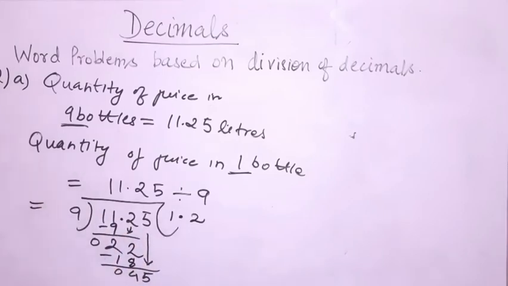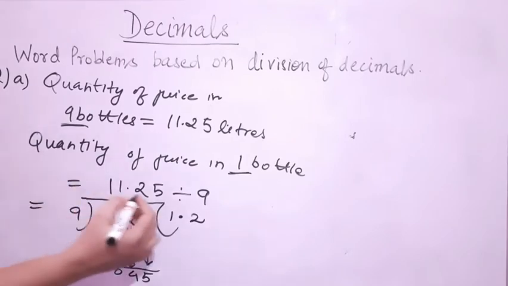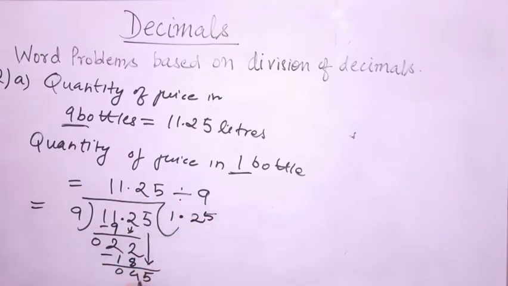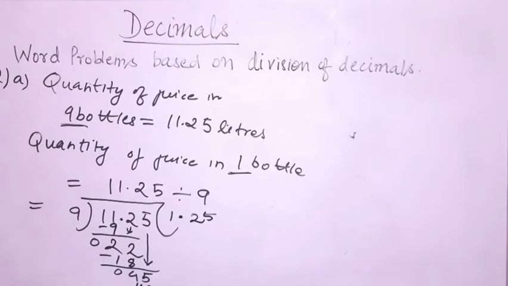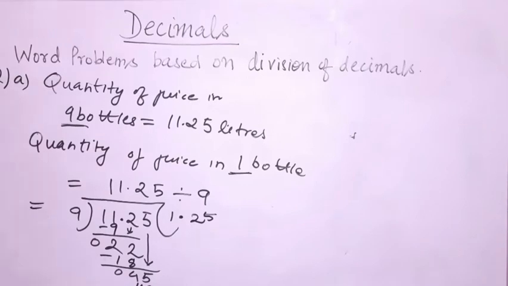Now students, please tell me, 45, does it come in the table of 9? Yes, definitely it comes in the table of 9. 9 fives are 45. So we have got remainder as 0. We have to continue the division process up to the time we are getting 0 in the remainder part.